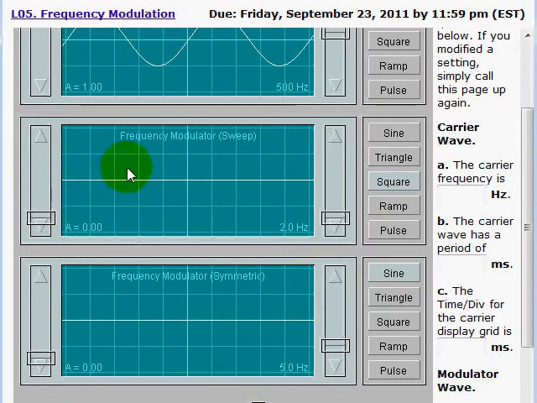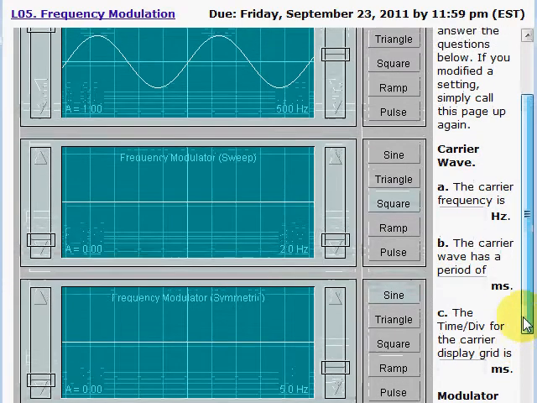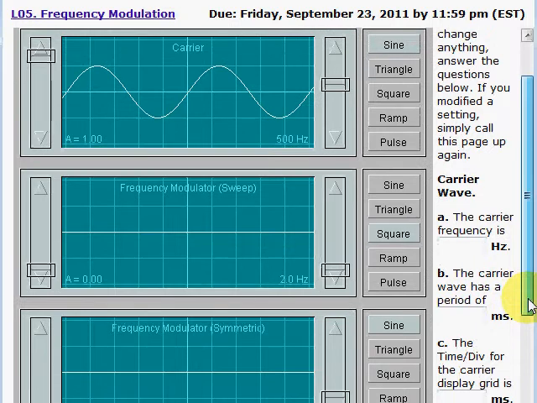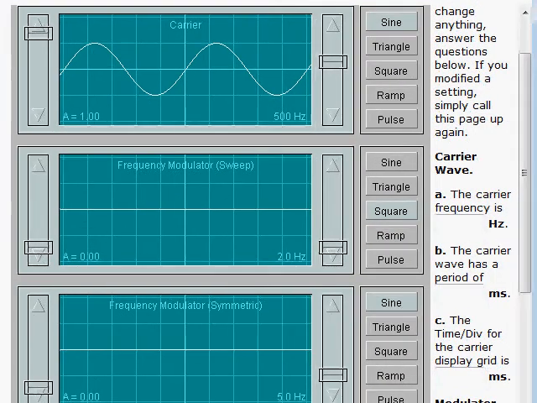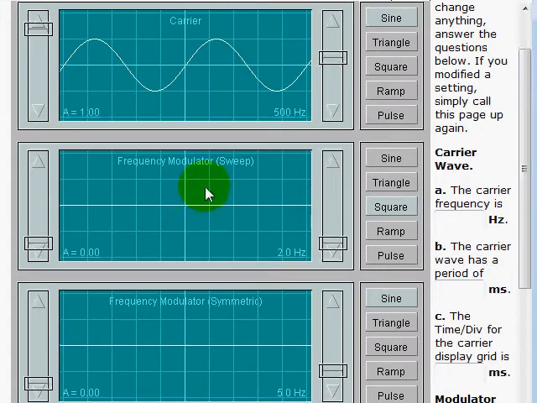There's 2 frequency modulators here going on, and I have them both turned off. So the first type of modulation to discuss is this one called the sweep. What the sweep does, it takes this carrier frequency and then increases it, and sweeps it up and brings it back again. That's what this does.